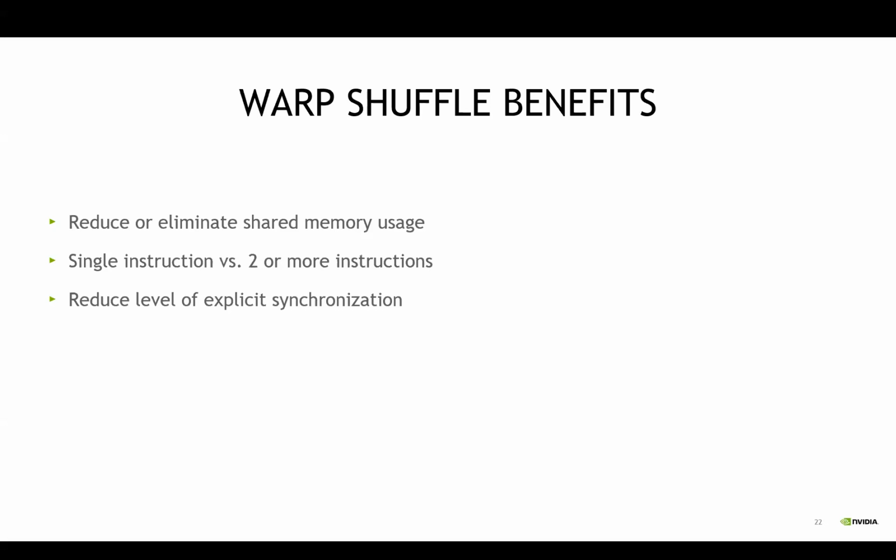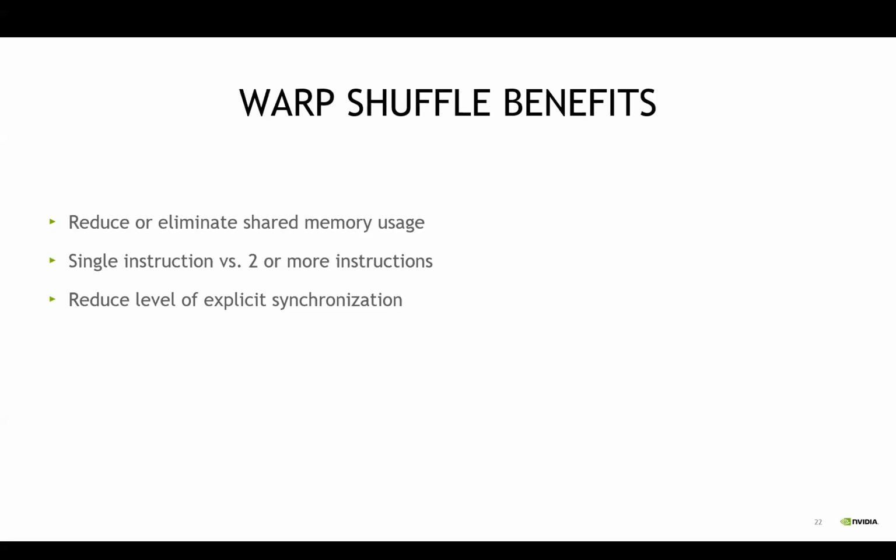The other principal benefit is related to the instructions themselves, and in particular, we're taking advantage of the two things that I mentioned already. First of all, we have a single operation. It's an intrinsic called a warp shuffle operation, but nevertheless, it's a single instruction at the machine code level instead of two or more instructions, and we don't require synchronization as each warp is performing its work.